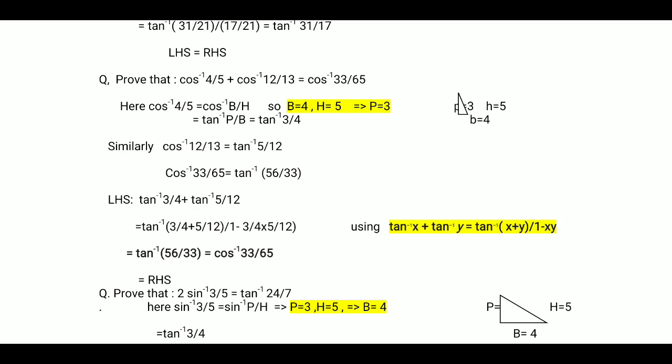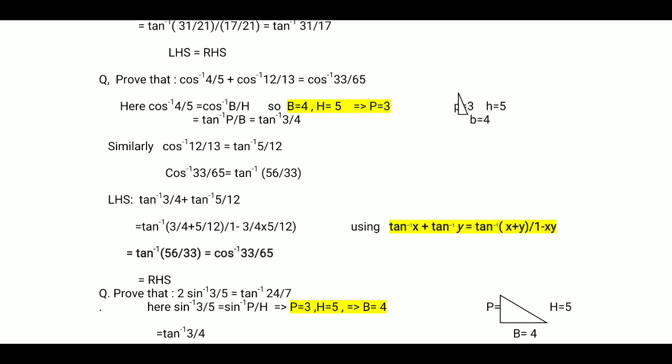Thus we see that the left hand side of the above problem becomes, in place of cos inverse 4 by 5, tan inverse 3 by 4, plus tan inverse 5 by 12, as cos inverse 12 by 13 becomes tan inverse 5 by 12. And this way we can use the formula tan inverse x plus tan inverse y, that is tan inverse x plus y upon 1 minus xy.